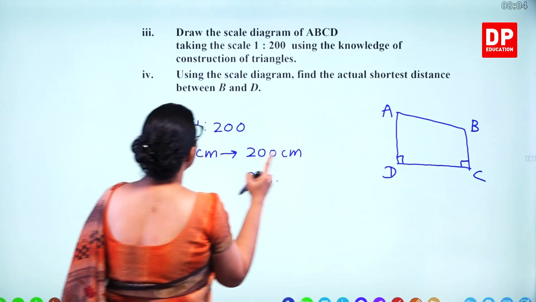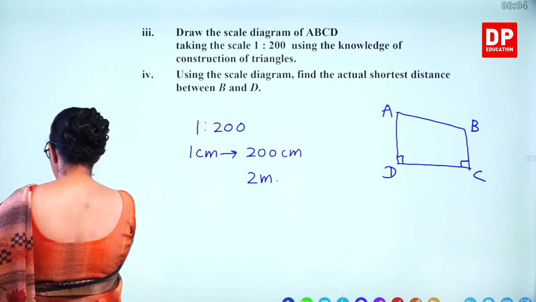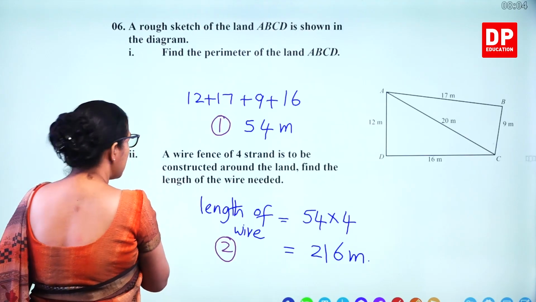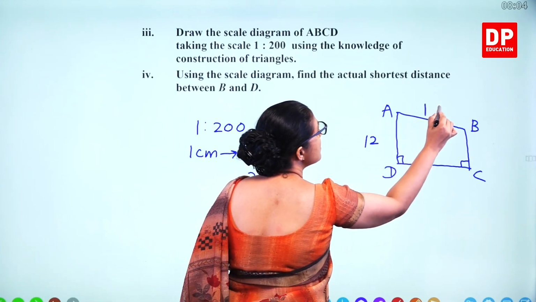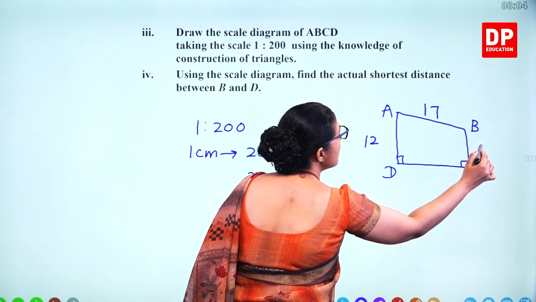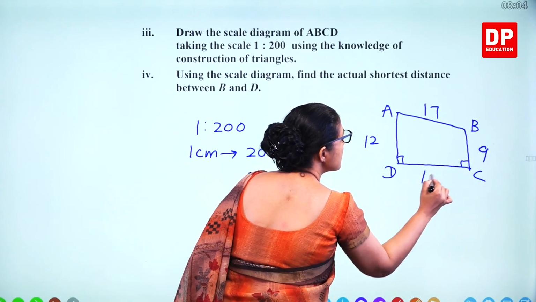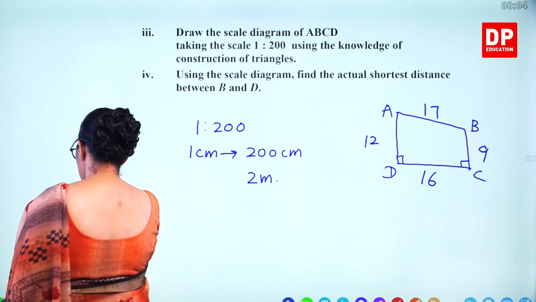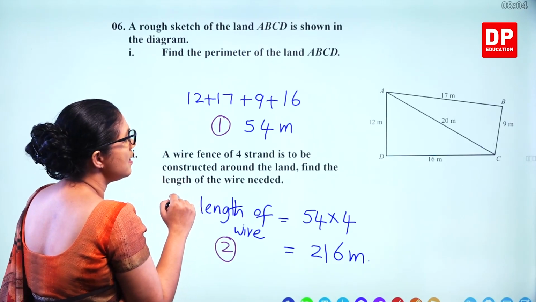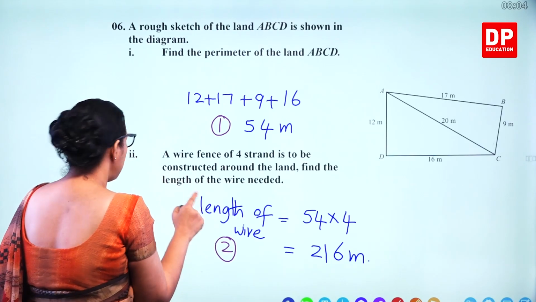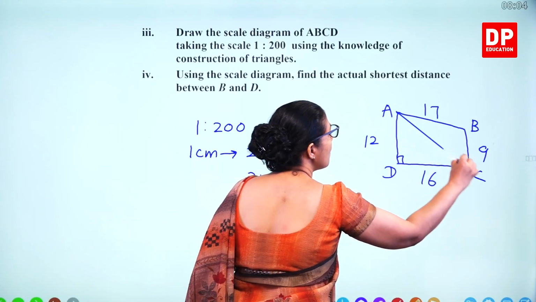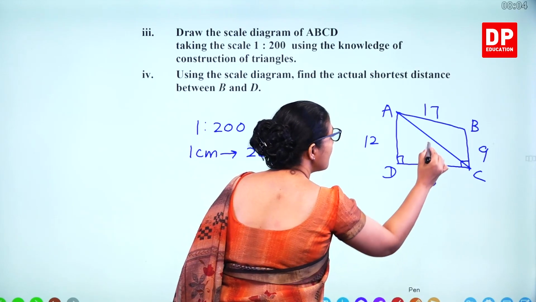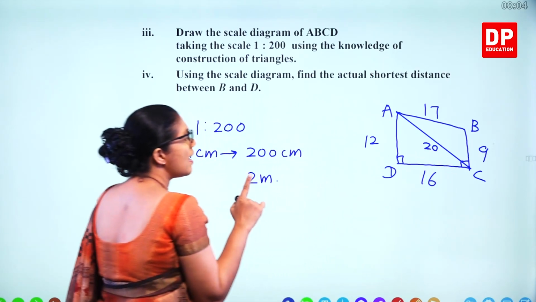And lengths. What are the lengths given? 12, 17, 9, 16. Again check. 12, 17, 9, 16. And the middle one, 20. All these are in meters.